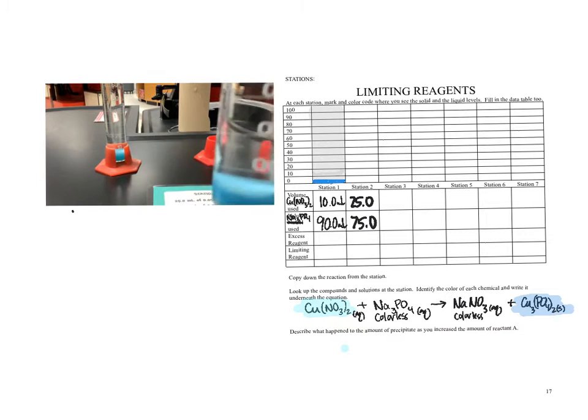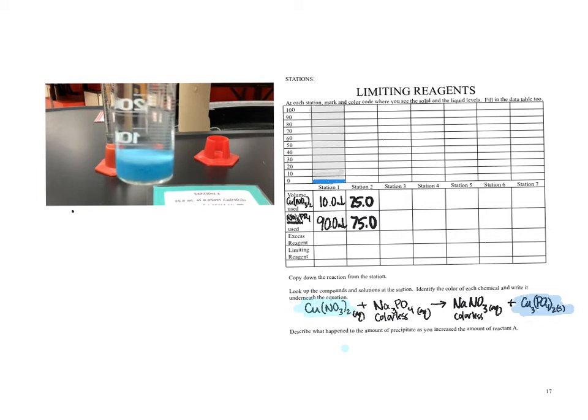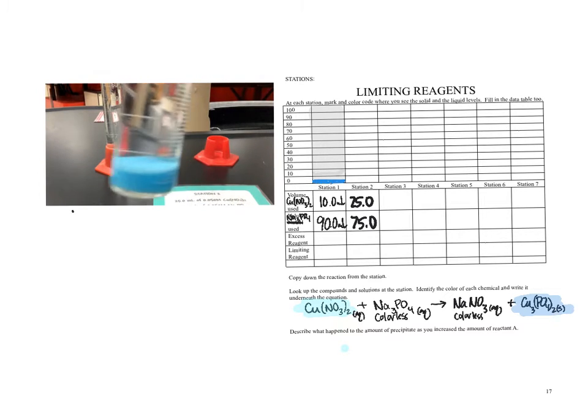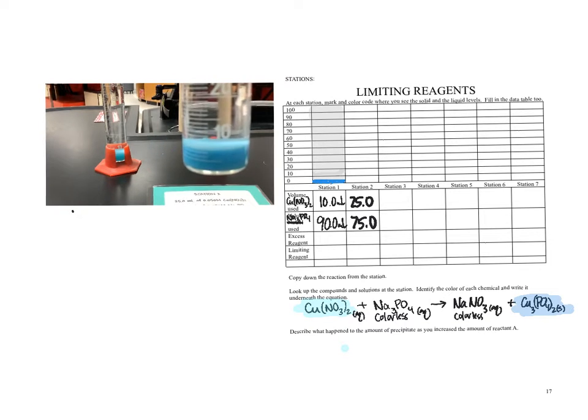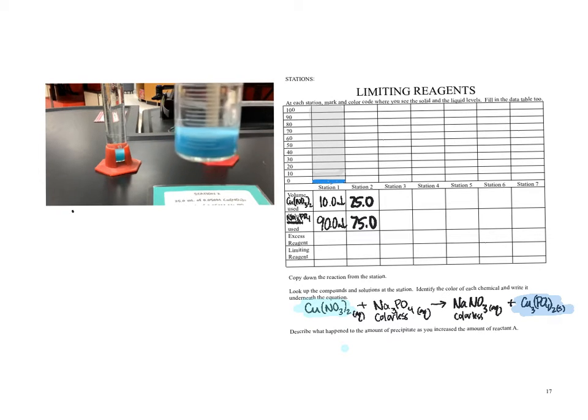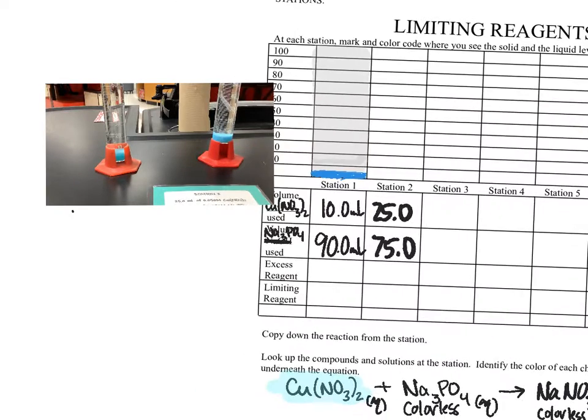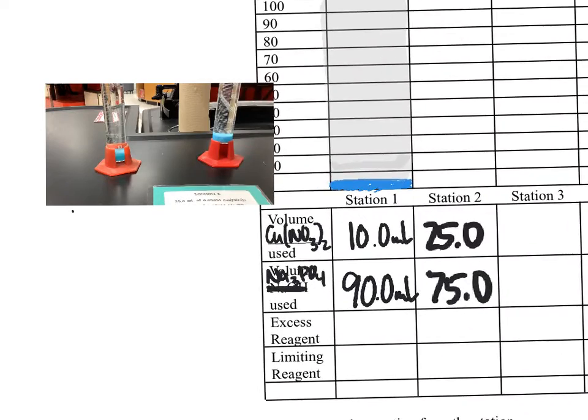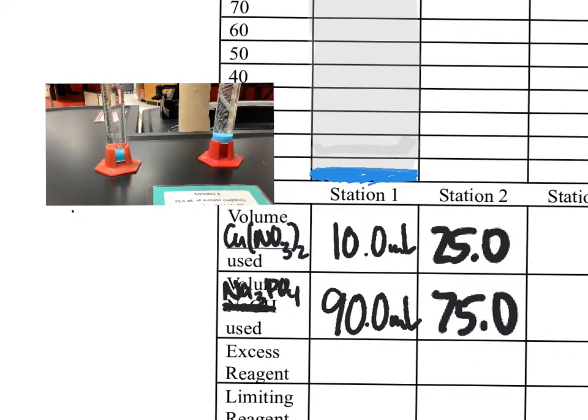And here's station 2. You can take that volume and do approximate as well. So we've got just a little bit more here. I'm going to make sure I go up just a little bit higher.